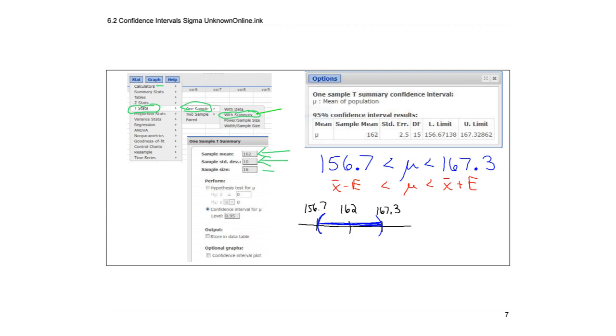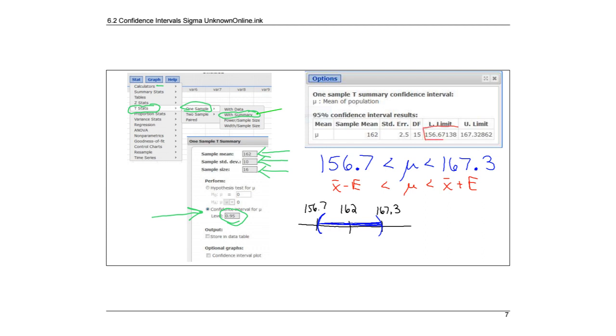The sample size is 16. So this one's different. It didn't ask for degrees of freedom. It asked for the sample size, and so that's 16. Then we're going to come down here and click confidence interval, and we want our confidence level to be 95%. So we're going to put 0.95 into that. And then we hit compute, and ta-da, it's going to do the work for us.